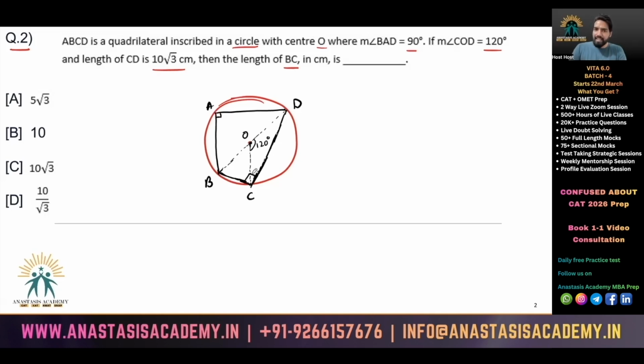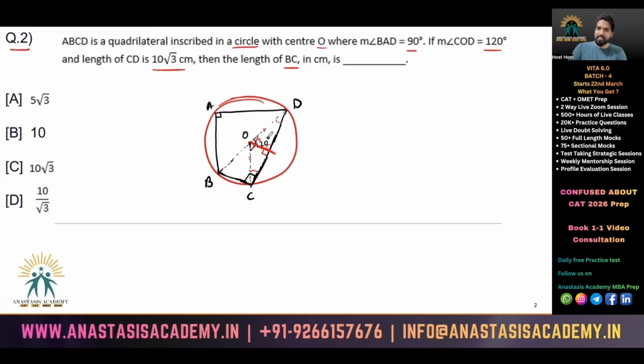Now, if I draw a perpendicular from the center to this chord, this angle would be 90 degrees. These two sides are equal because these are radii, so these two angles are equal, and this is 90, so this angle must be equal to this angle.